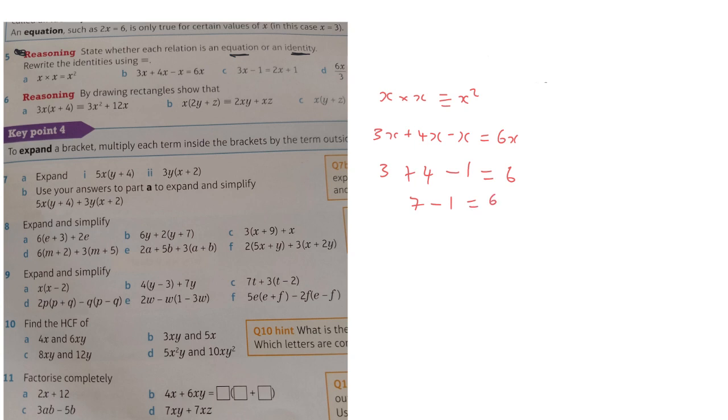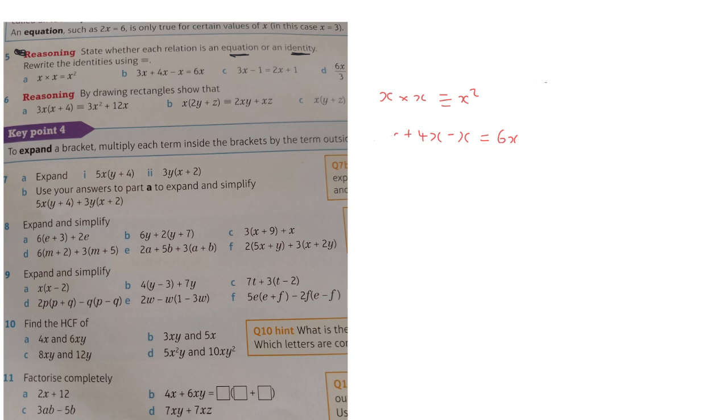Okay, let's check again when x is 2. We have checked for x equals 1. Let's check for x equals 2. Will this also be true for x equals 2? Okay, let's see.